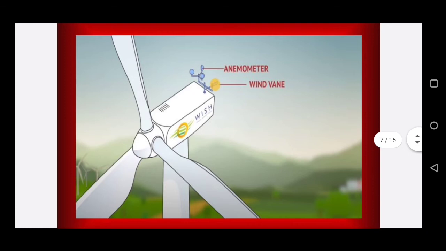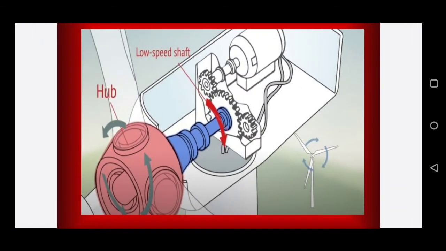When wind blows, the blade gets rotated. When the blade rotates, the low speed shaft rotates with a speed of 10 to 60 rpm. Normally, this speed is not enough to produce electricity.